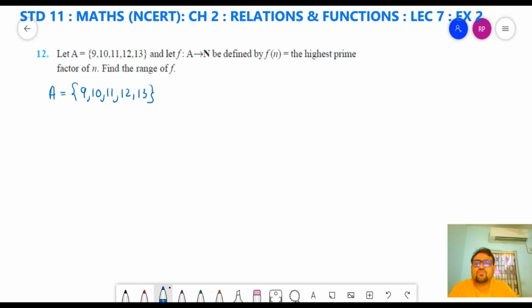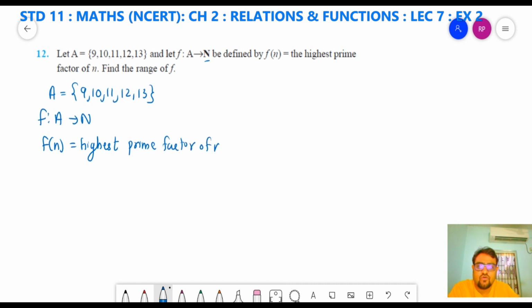The function is from A to N. Here N belongs to the class of natural numbers. Right? f is from A to N. What is f of n? f of n is equal to the highest prime factor of n. And you have to find out the range of the function.